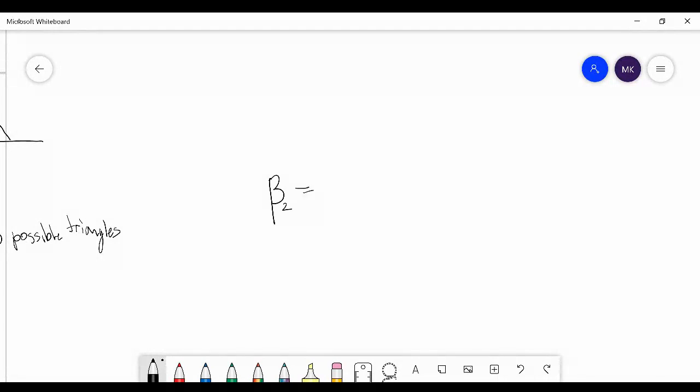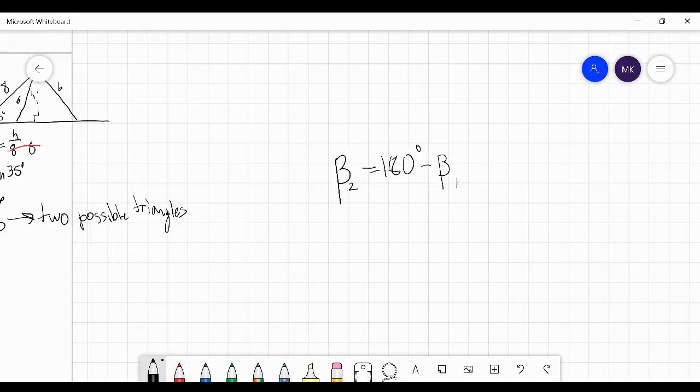Beta 2 is equal to 180 minus beta 1. Wow, that was terrible. I'm so sorry about that. I don't want to go through the derivation of it, because quite frankly, you don't care. I don't care. It's not something you're going to need to know for this class, or any other class for that matter. So we have this lovely little thing right here.